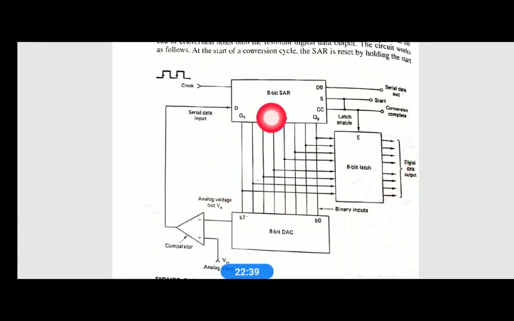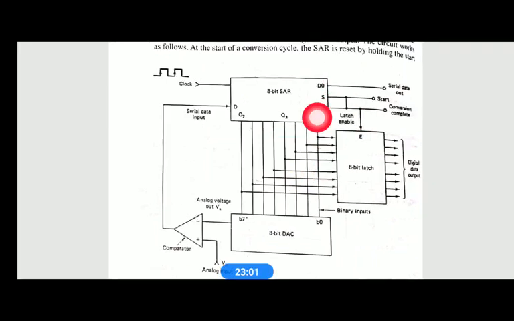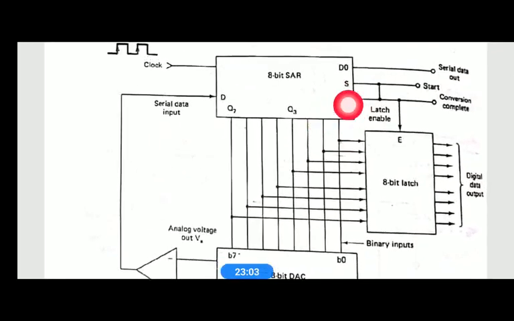To find out our output here, we compare 8 times. After completion of the 8 comparisons, the SAR will generate one signal high at the CC output.